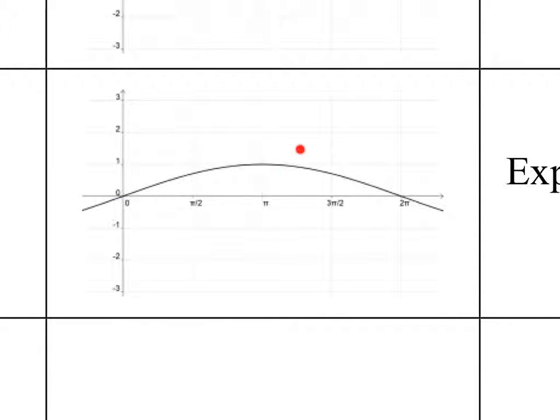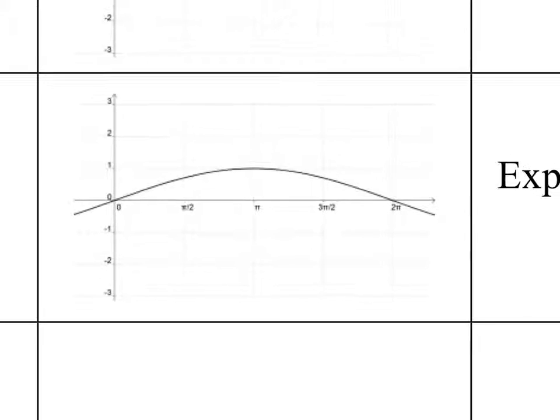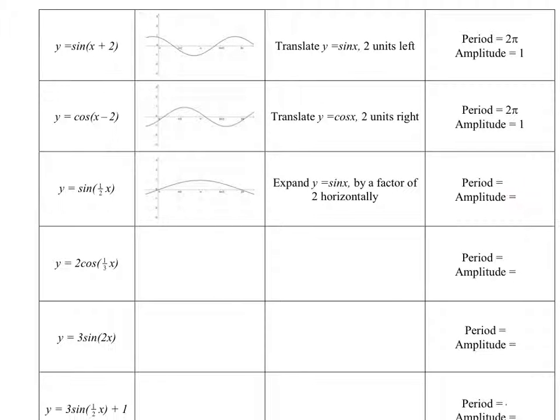Right, so we'd have to go up, down, and back up again to 4 pi. And that 4 pi is, in fact, the period of this function. Right, so 4 pi is going to be the period of this one. The amplitude stays the same.